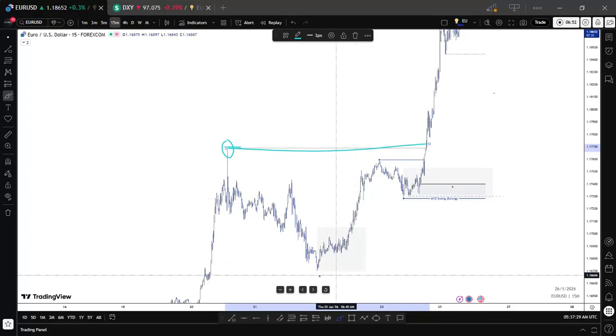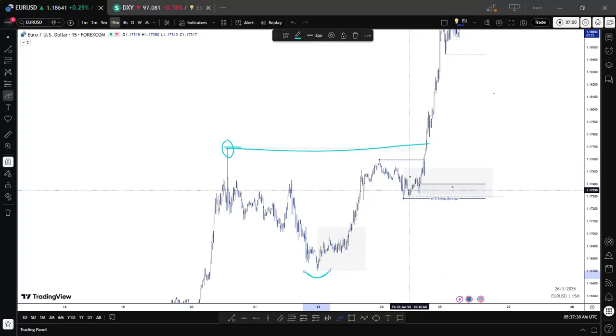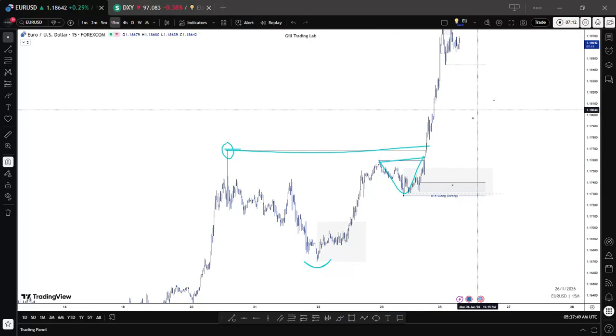So this is supposed to be my M15 swing low, but it's also the 4H swing low. Now I need M15 to give me confirmations for the higher time frame. So that's why I've reset my swing structure to here. So like right now, let me show you.